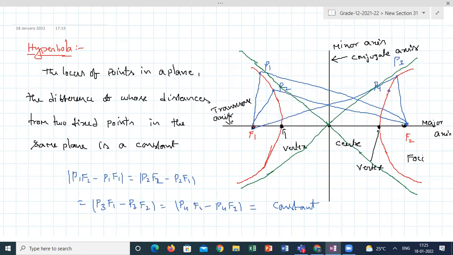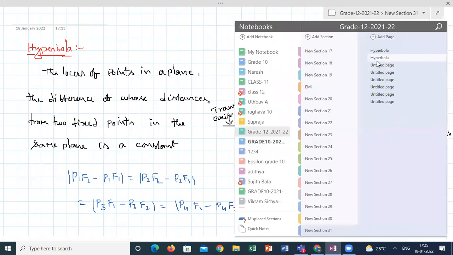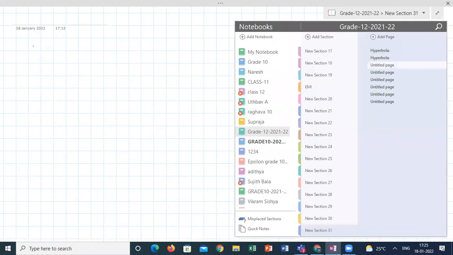Yes, now we are going to solve the equation of hyperbola, same as ellipse. Can anyone recollect how to solve the standard equation of hyperbola? Who is going to discuss how we can discuss the equation of hyperbola?